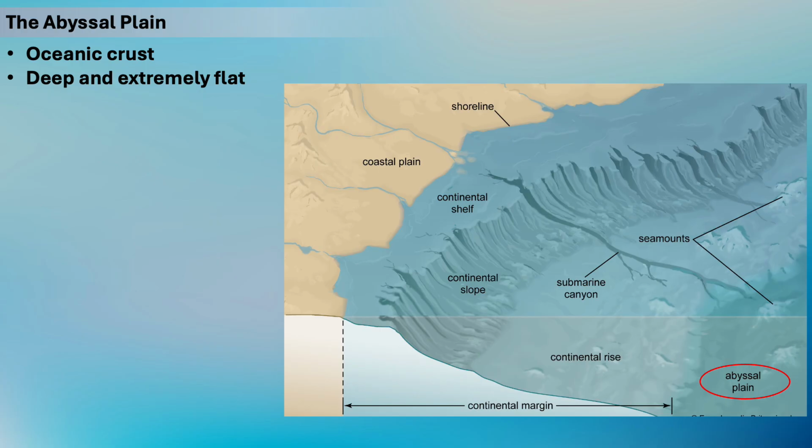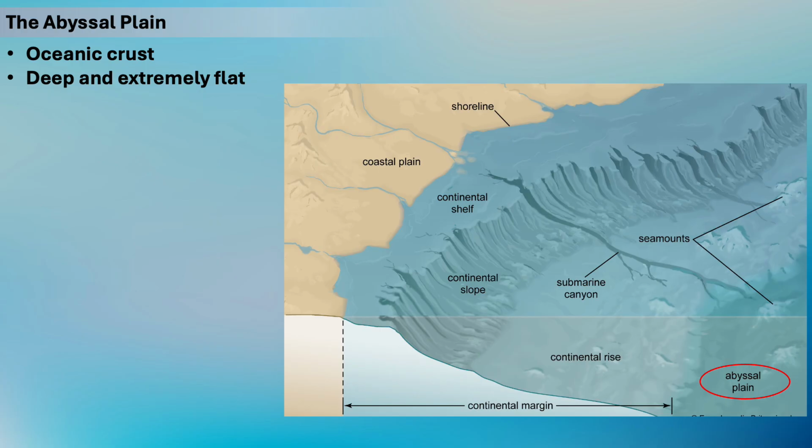The abyssal plains are vast, flat regions of the deep ocean floor, typically located several kilometers below sea level. By the time we reach the abyssal plains, we are firmly within the deep ocean basin, and the seafloor here is underlain by oceanic crust, not continental crust.